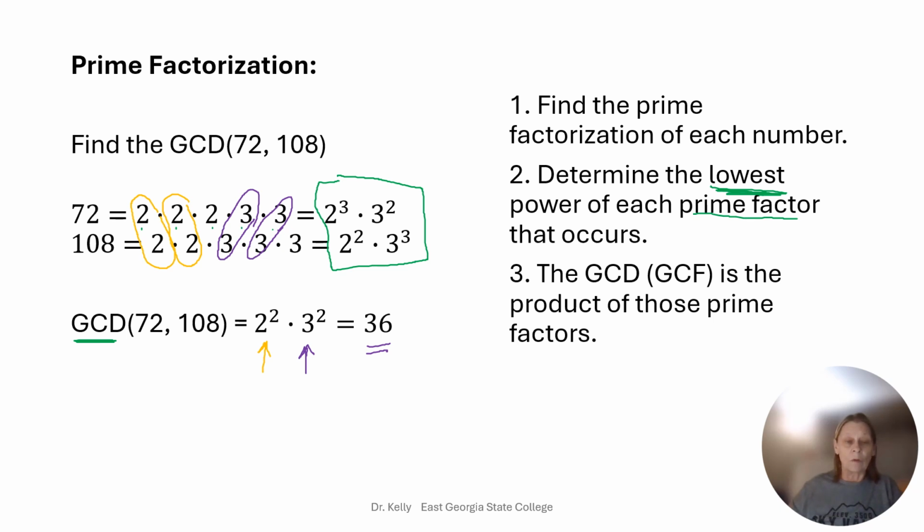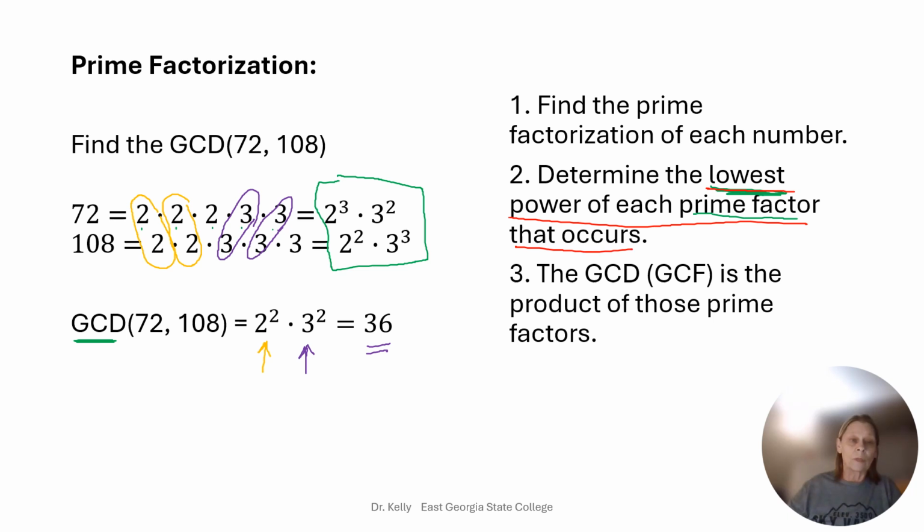But if we're technical and we do not have all of these factors written out as I do here, and we want to look at the rule, what the rule says is you determine the lowest power of each of the prime factors that occurs.